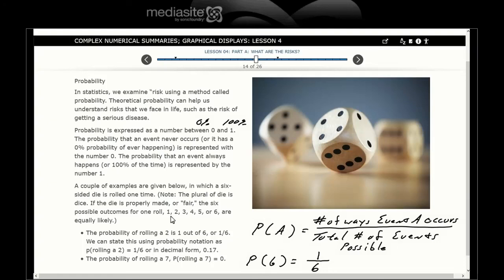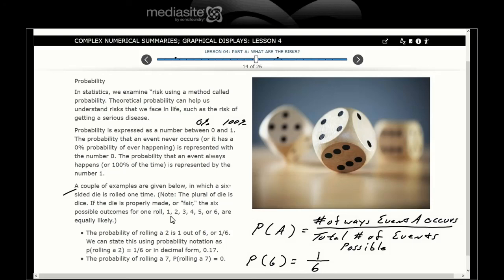A couple of examples are given below in which a 6-sided die is rolled one time. Note the plural of die is dice. Okay. If the die is properly made or fair, the 6 possible outcomes for one roll, 1, 2, 3, 4, 5, or 6, are equally likely.